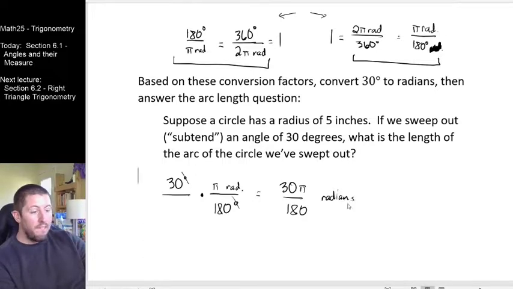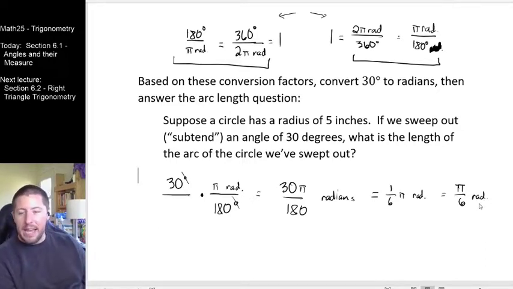And notice that very conveniently, this is why we like degrees the way that we do, because this simplifies very nicely. These zeros sort of cancel together. 3 over 18 is 1 over 6. So I would say that this is 1/6 pi radians, or it's much more typical for us to just mash that pi in there, pi sixth radians. So it seems to me that 30 degrees is the same thing as pi sixth radians.